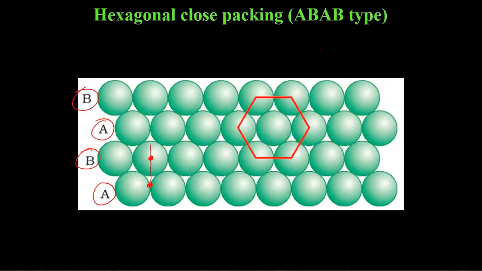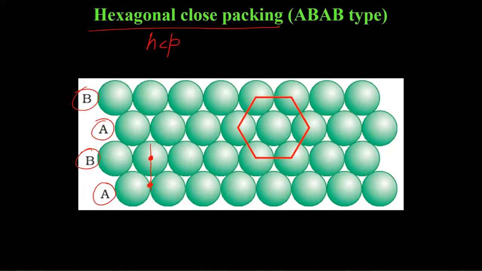The one in which the next line is in the grooves of the first one is known as hexagonal close packing, HCP. We will be talking about HCP a lot of times.